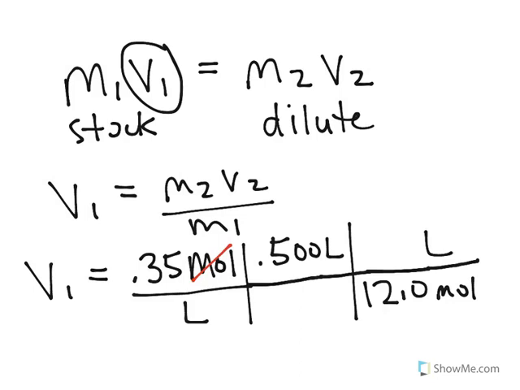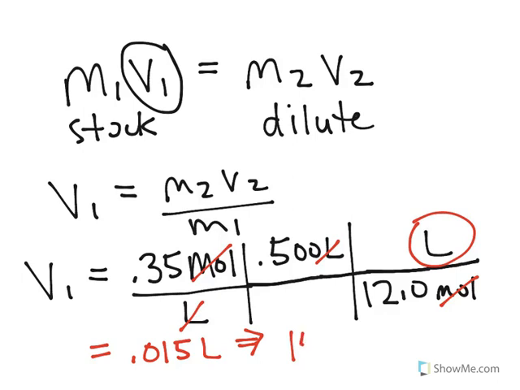The moles cancel with the moles, the liters with the liters, and I'm left with liters up top, and that's what I'm solving for, the volume. What volume of stock solution do I want? Whenever I solve that out, I get 0.015 liters. To make that into something a little bit more manageable to measure, that would be 15 milliliters of stock solution that we'd need.